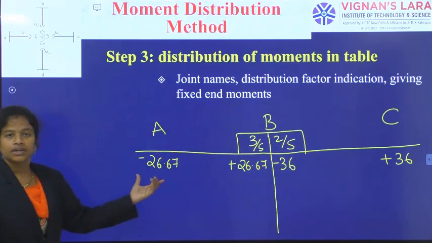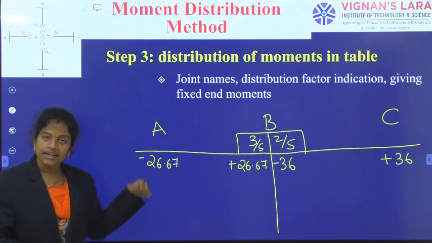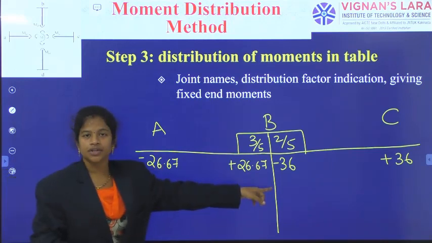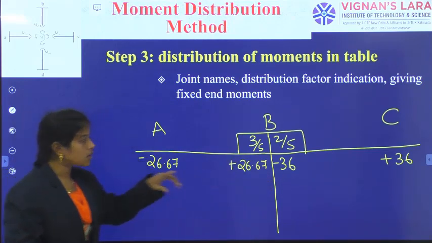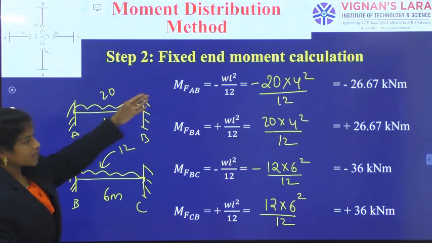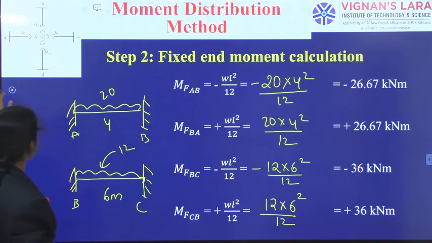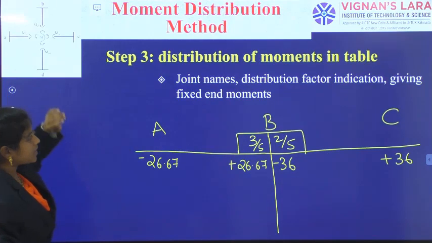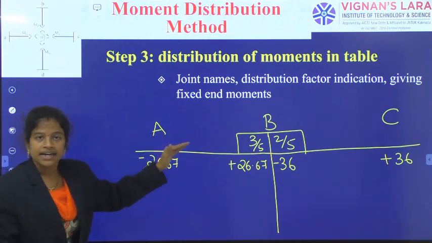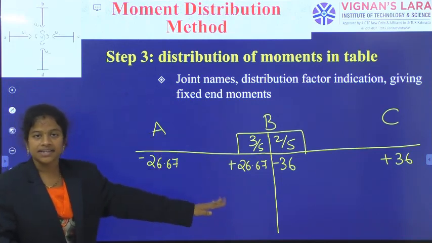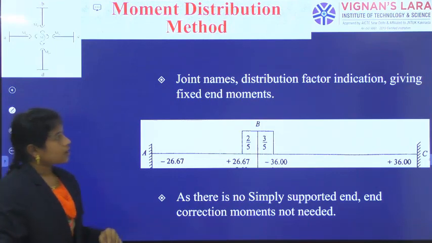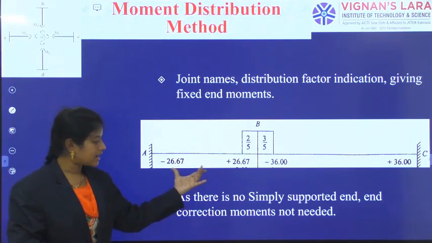Okay, so the negative moment indicates anti-clockwise nature, the positive is due to clockwise nature. Again, negative anti-clockwise, positive is clockwise. So 26.67 and 36. The next step is generating the joint names, distribution factors and fixed moments indication. Now, the indication has appeared like this.